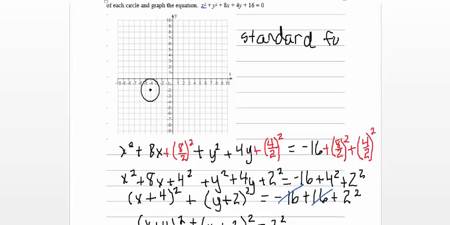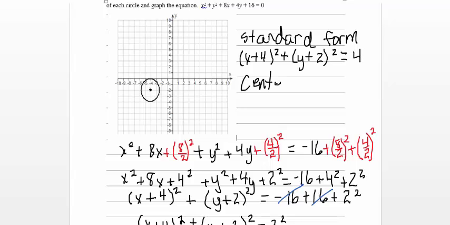So again, the standard form of my circle equation is the square of x plus 4 plus the square of y plus 2 equals 4. The center was the point negative 4, negative 2.